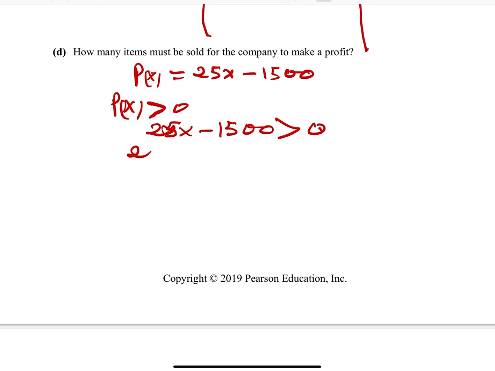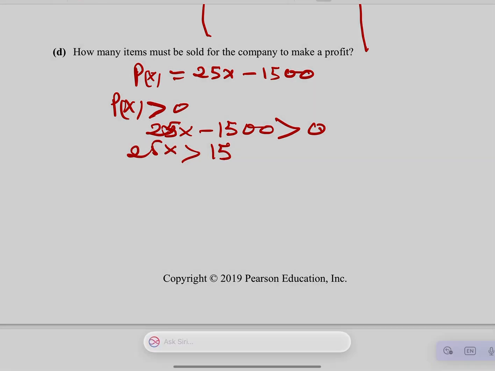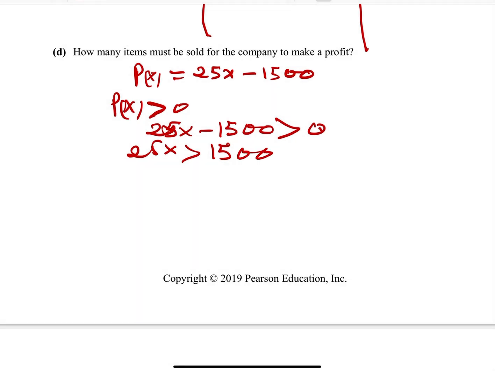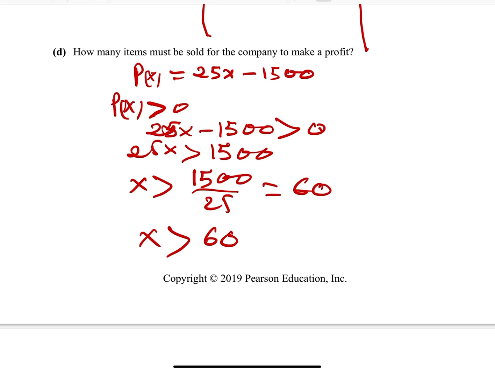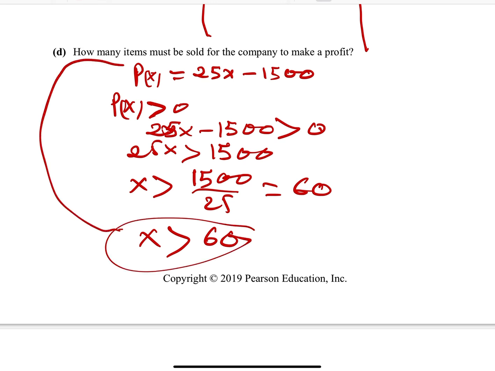So then we have 25x is greater than 1,500. And then x is greater than 1,500 divided by 25, which is 60. Then x has to be greater than 60 for the number of items sold. Okay, that's it. And you have to write it down in a sentence. Good.